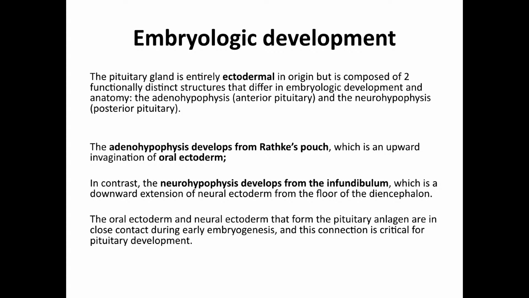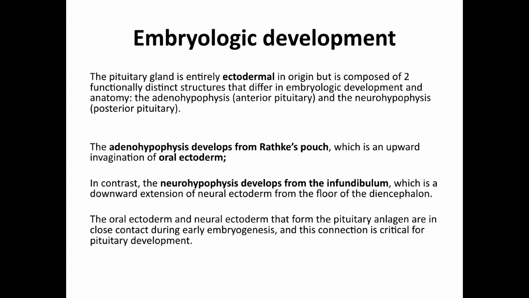So the neurohypophysis is a downward extension of the neural ectoderm from the floor of the diencephalon. What other structure derived from the diencephalon takes part in vision? The optic nerve. Yes, the optic nerve is also part of our diencephalon.